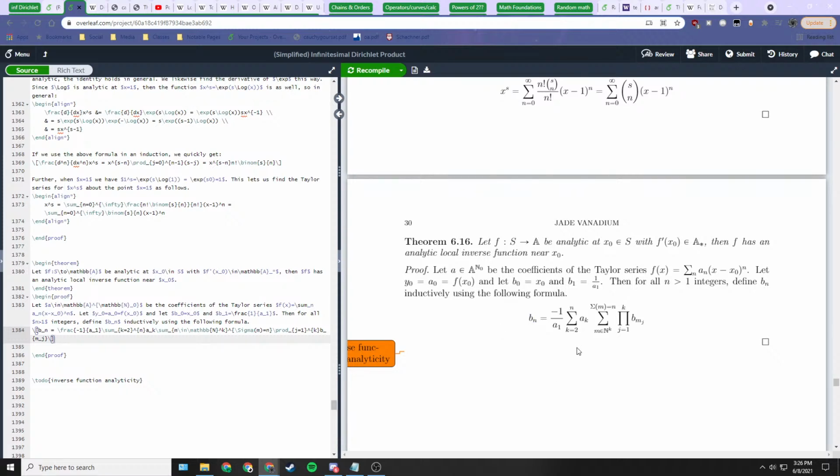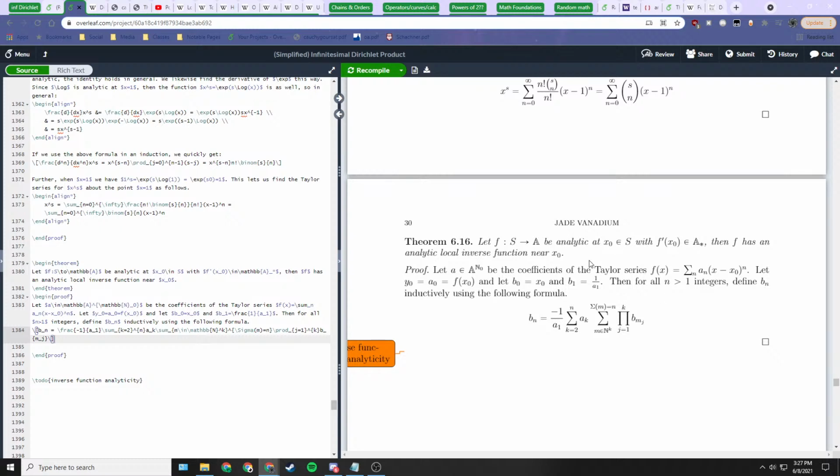Actually, let me make sure I got all the variables correct real quick before continuing. Okay, so the idea is that we have negative 1 over a1. That's fine. This is valid.